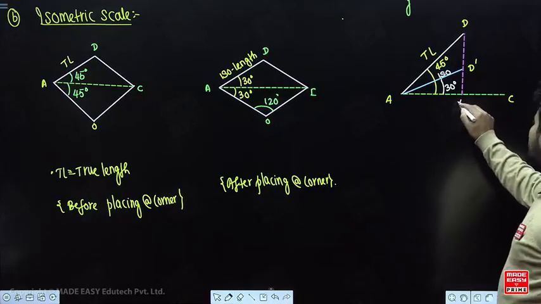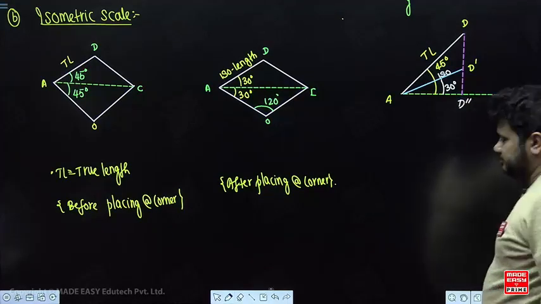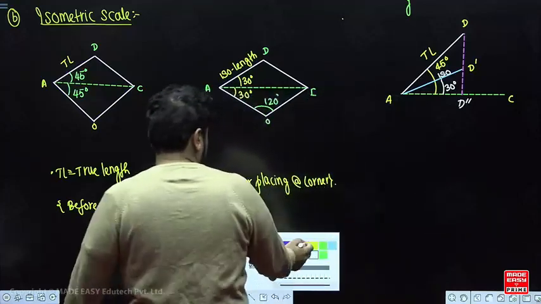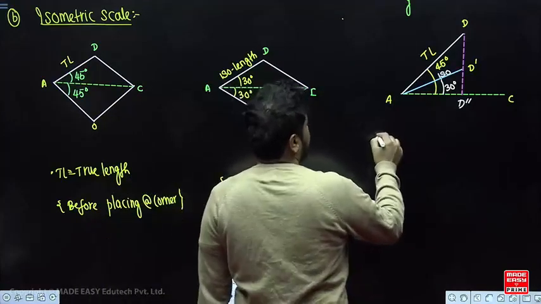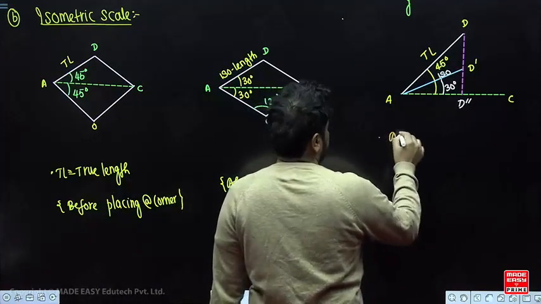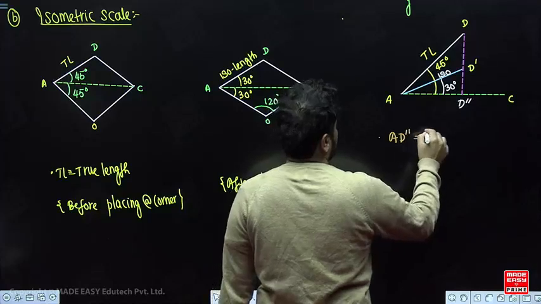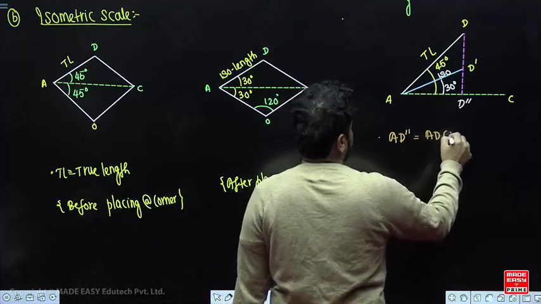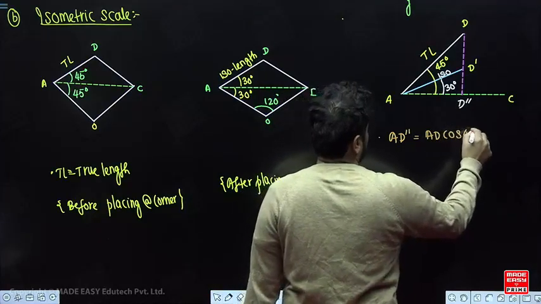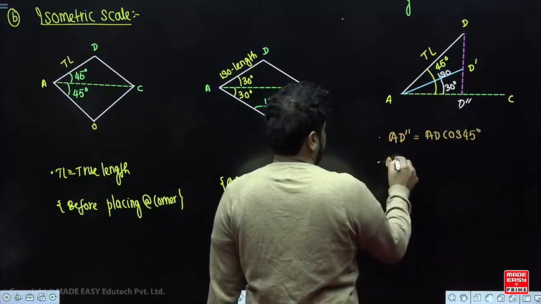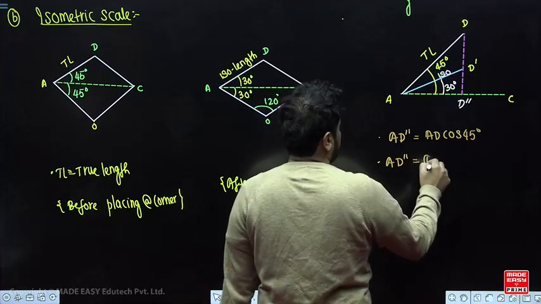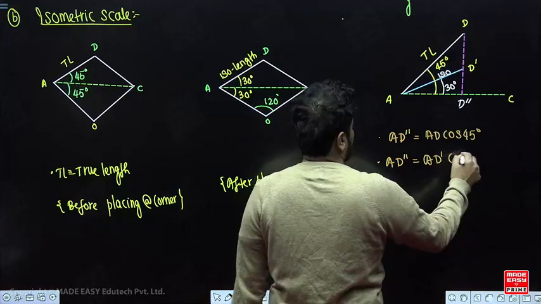Let us call this point of intersection as D double dash, correct. Now what I can make out from here is that AD double dash is equal to AD cos 45 degree and AD double dash is also equal to AD dash cos of 30 degree.